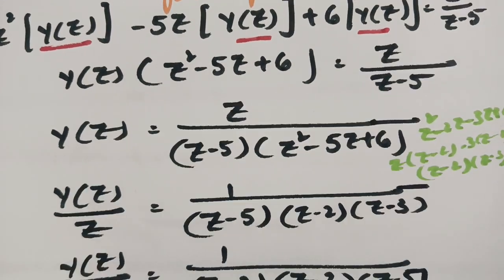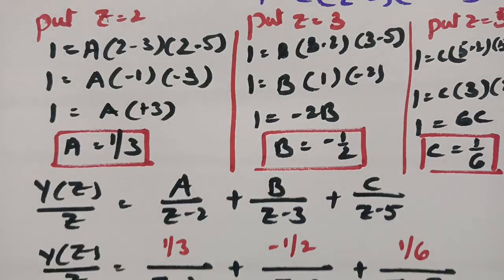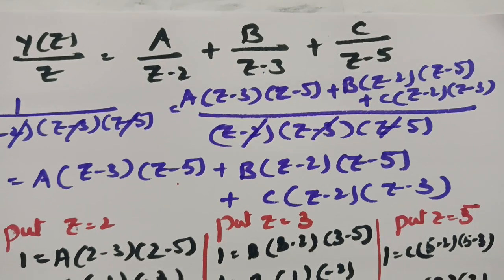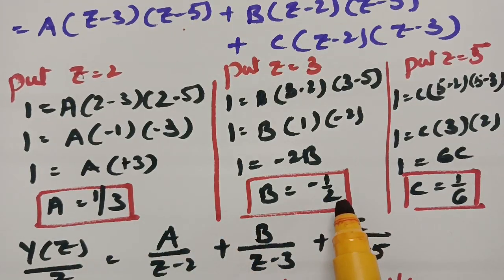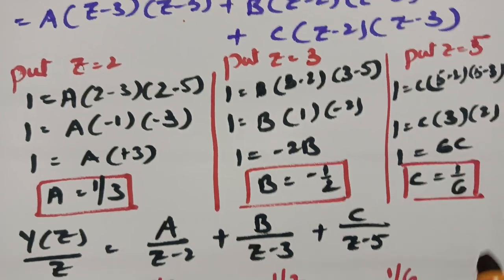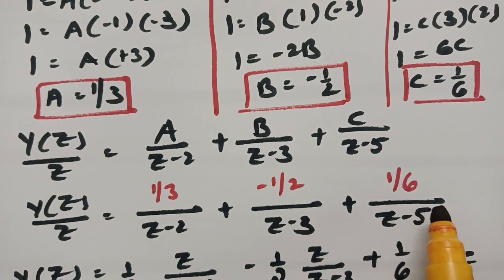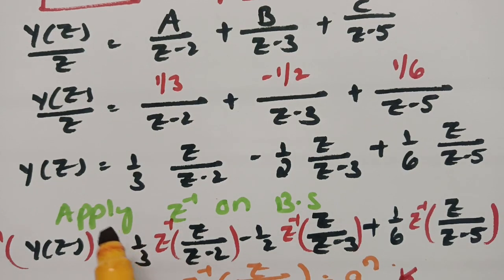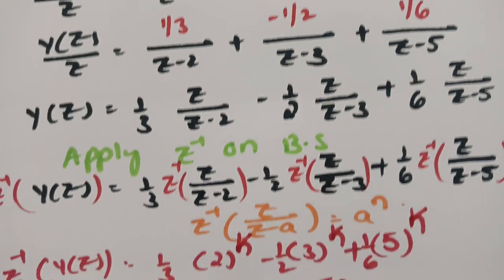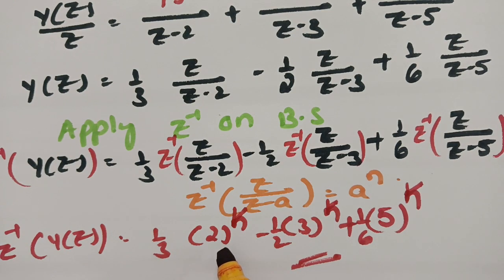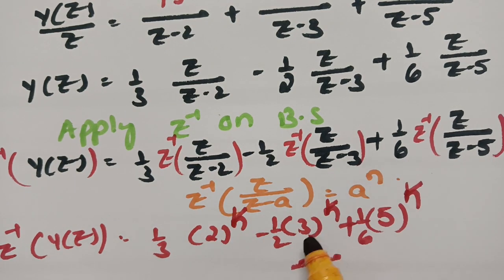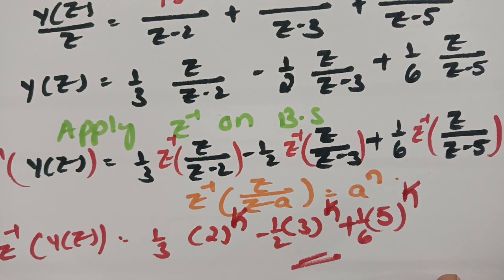After resolving into partial fractions, we need the values of a, b and c. We got a value as 1 by 3, b value as minus half, and c value as 1 by 6. After substituting a, b, c values, we apply z inverse on both sides. Using the special functions, we write according to our formula as 2 power k, 3 power k, and 5 power k. And this will be the answer.